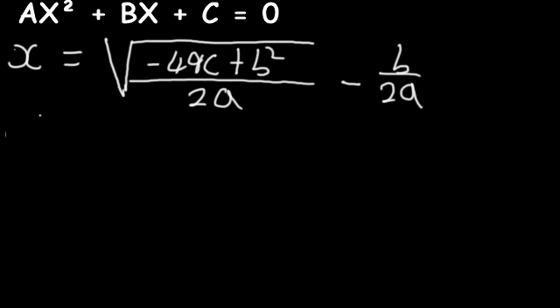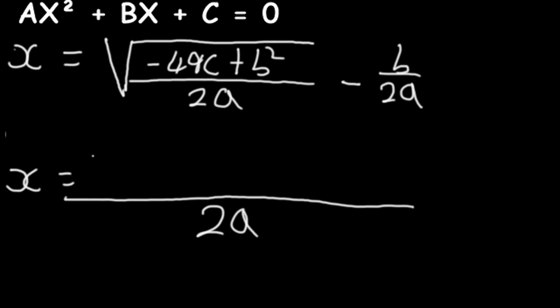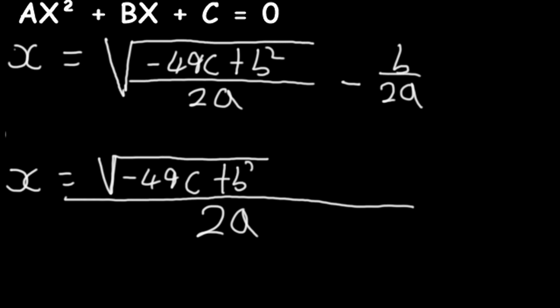Okay, so the next thing we need to do is to combine them together by finding the LCM. Since they have a common denominator, we just need to take one. So x will be equal to the square root of minus 4ac plus b squared, then minus b, all divided by 2a.